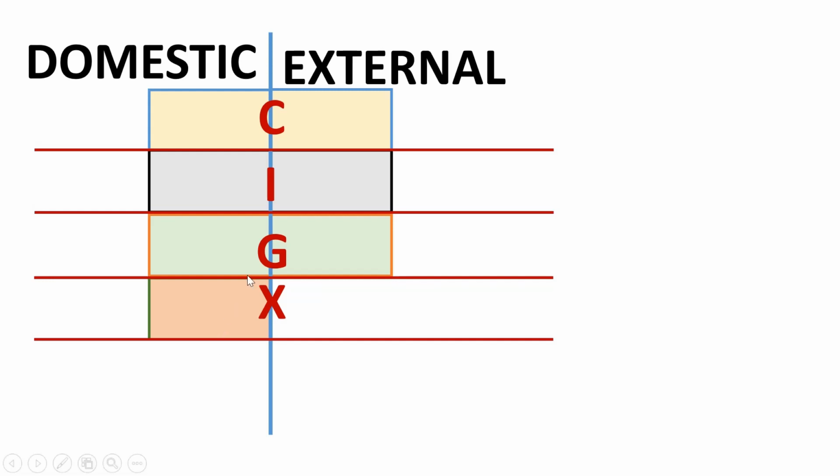But the challenge we're going to face is that the components of consumption, investment, and government spending are in a combined form. In spite of this challenge, we can still derive our GDP. So what we're saying is that all the left side components together will give us GDP.